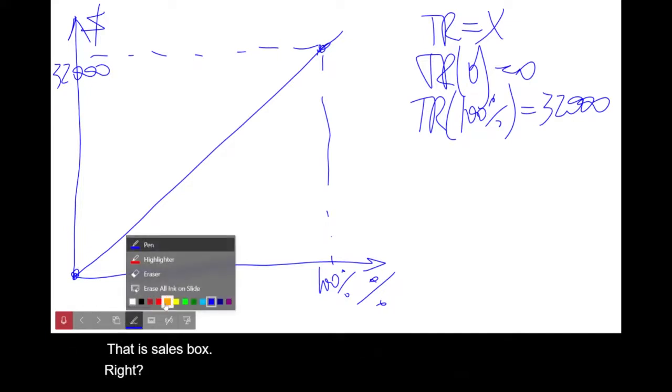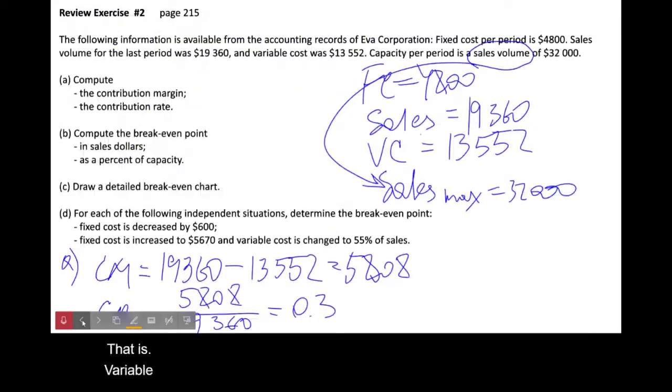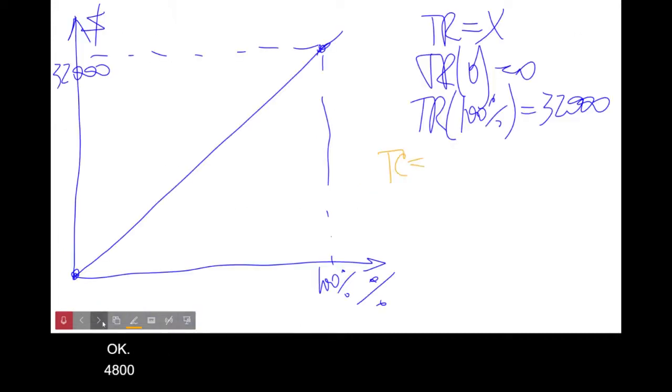So let's see what can be done for total cost. Variable cost is 13,552, and the sales 19,360. Okay, and 4,800, that is fixed cost. So I have this information.